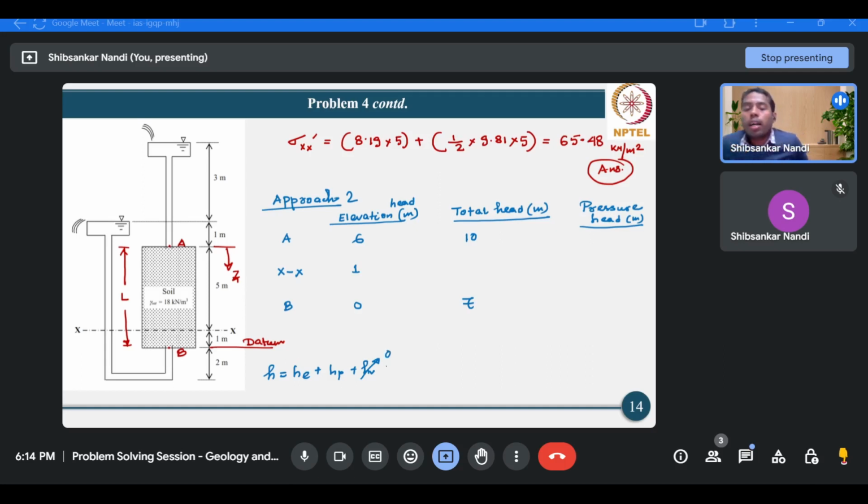Therefore, if we deduct the elevation height from the total height, then we can easily get the pressure height. So 10 minus 6, the pressure height is 4, and for point B, the pressure height is 7 minus 0, that is 7.